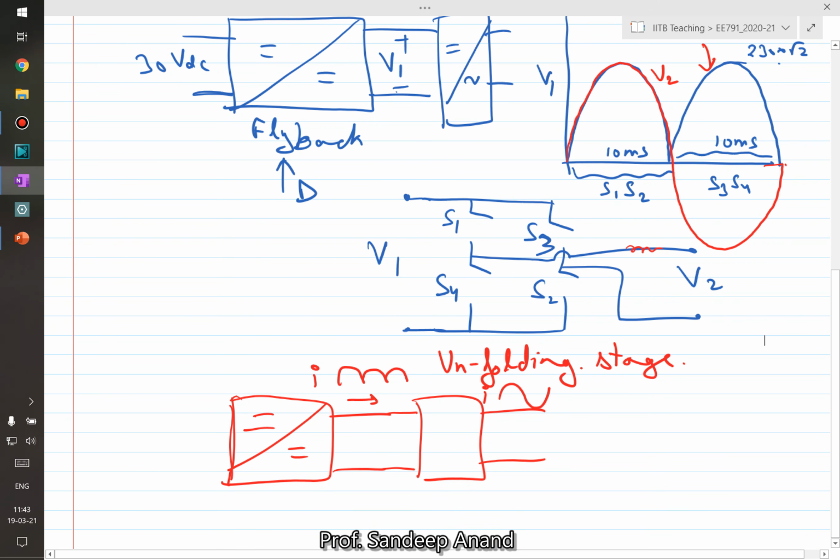The power that is being supplied by this DC-DC is not constant. Why? Because the output voltage or the current has to be varied in a rectified sinusoidal fashion, and therefore the power also needs to be varied, and therefore this power oscillates at low frequency.